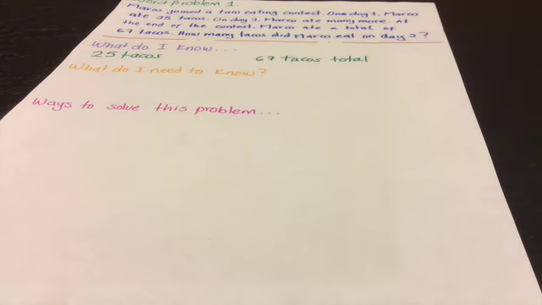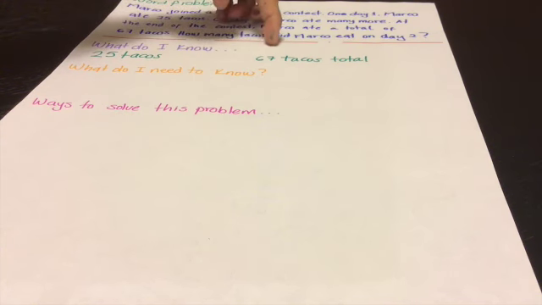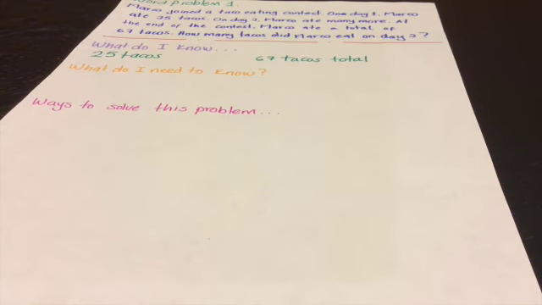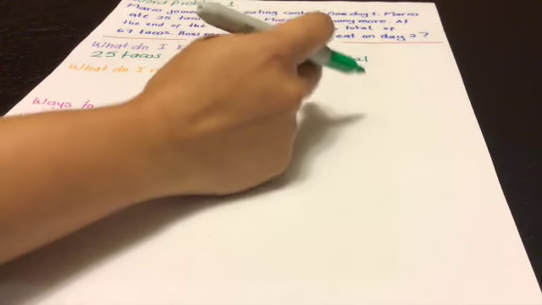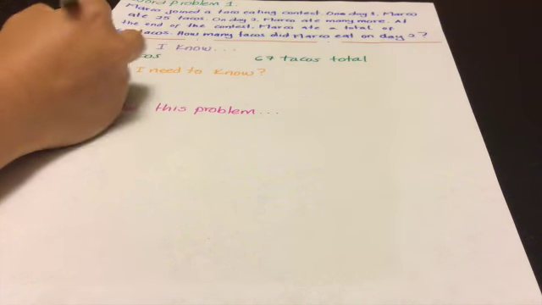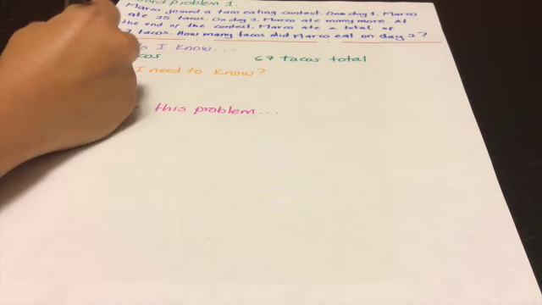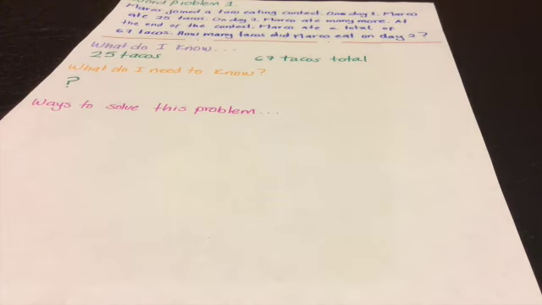Okay? So that means that on day 2, something changed for Marco to have a total of 67 tacos. What do I need to know? I need to know the amount of tacos Marco ate on day 2.